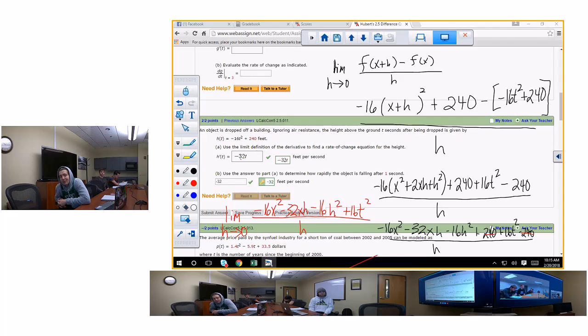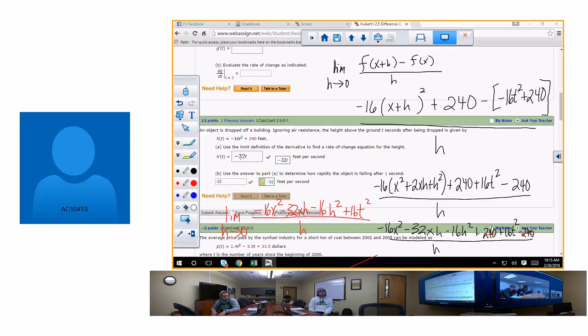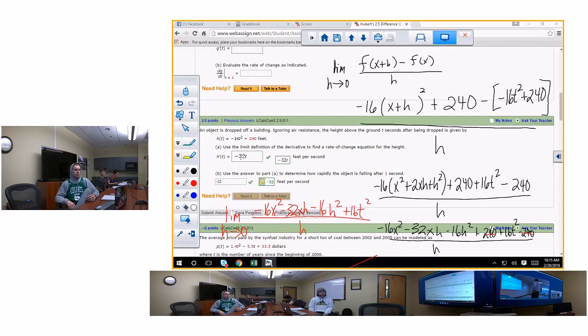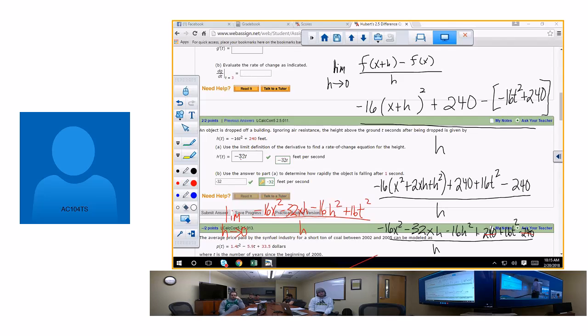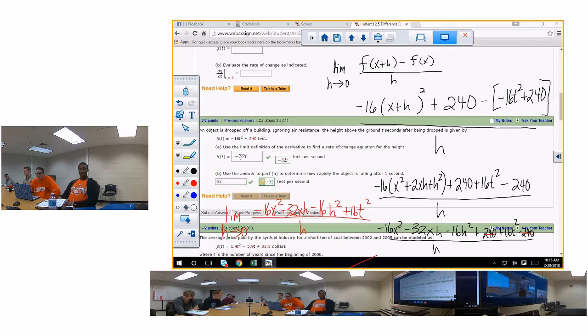I don't see it, Hubert. This is a differential equation. Okay, give me a second, y'all. Give me a second. 16x squared minus 32x squared.